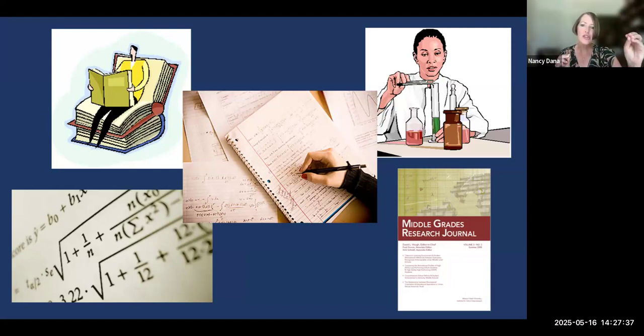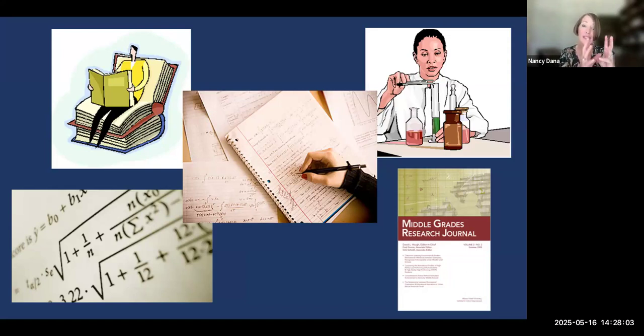On the two corners, you see the image of a book and an image of a journal. Research is about pouring through lots of books and lots of journal articles and just extended reading on a particular subject. So that might be one image, and maybe that's the one that you conjured.